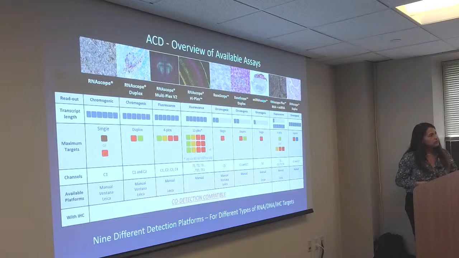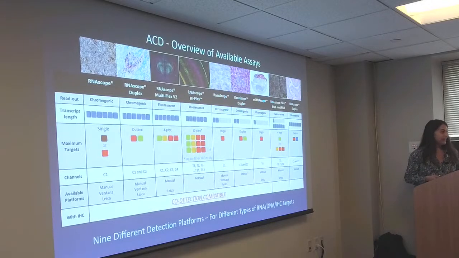How come there's the microRNA assay that is chromogenic, but then the next one over is fluorescent? Magic. Like, why can I not get microRNA scope in fluorescence? If I had a nickel every time that it's been requested of me, I could stop working. And that, I don't have a discrete answer to right now.